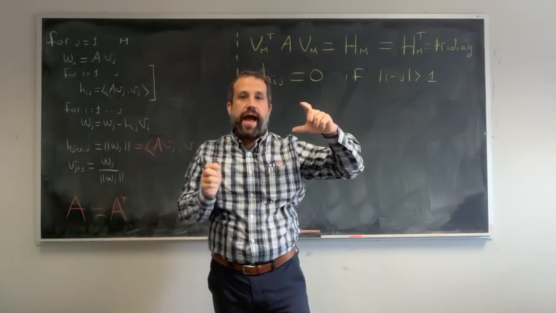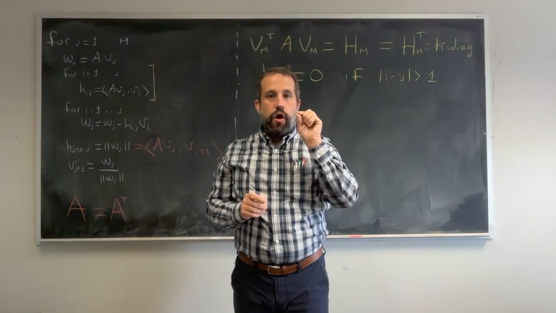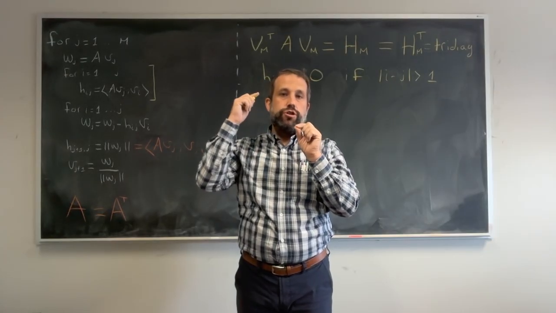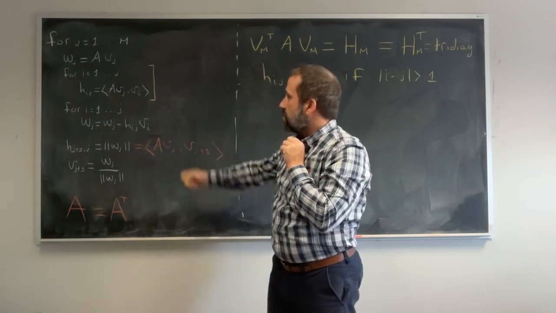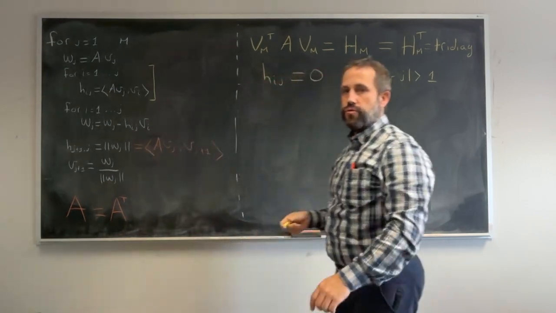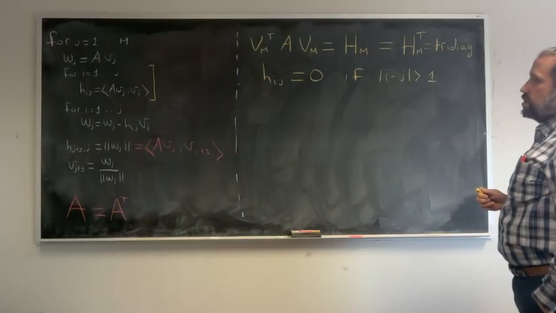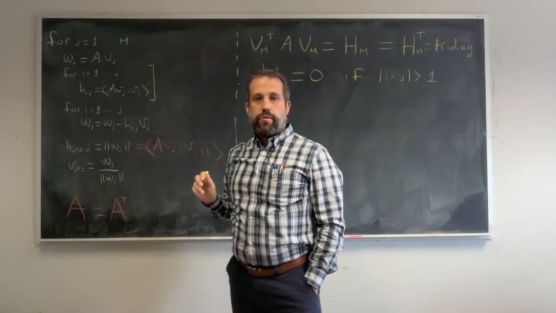So H is a tridiagonal matrix. So if you pick a column j, the only non-zero entries in column j are going to be corresponding to row j minus 1, row j, and row j plus 1. And this i here is exactly looping through the rows. So in this loop right here, i is less than or equal to j.